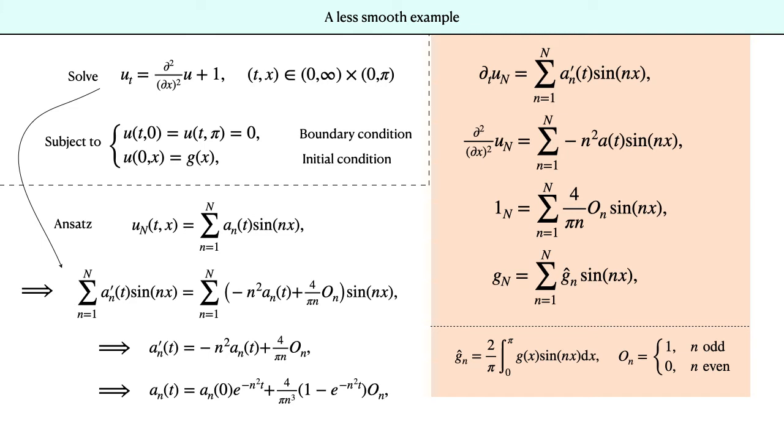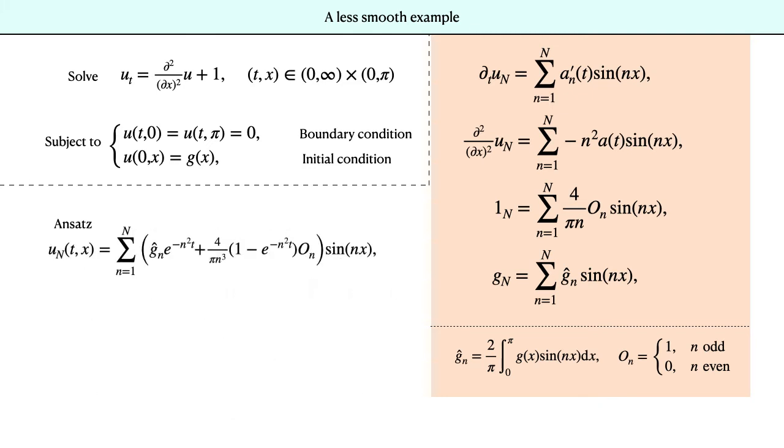Okay, and if you use the initial conditions, you again realize that the weights at 0 must be equal to the Fourier coefficients of g. So our ansatz this time around became the following expression, and again the full solution is just the same expression but summed to infinity.